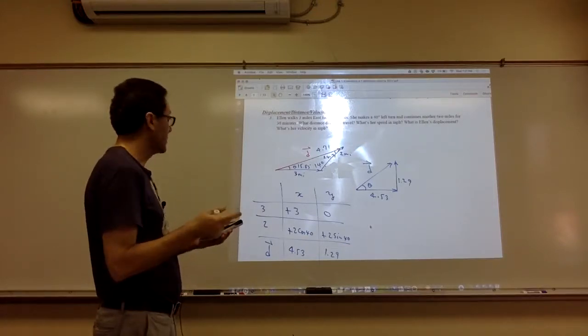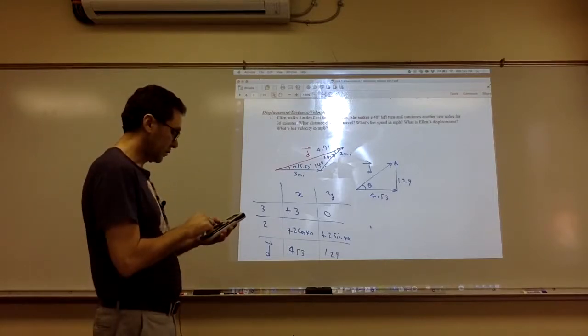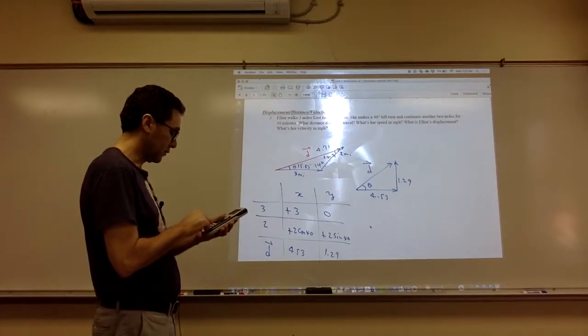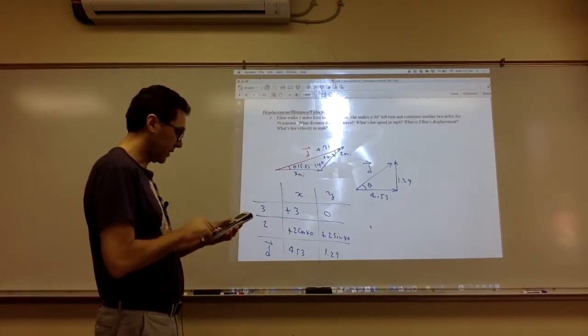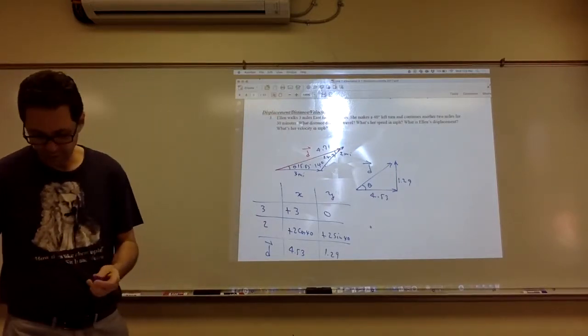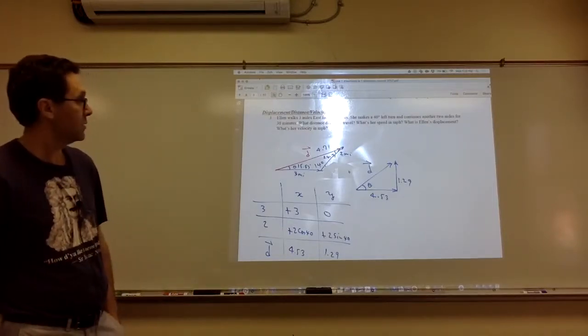So I got 4.71. I think that's what we found earlier. And for the angle, I do second tangent. In other words, the inverse tangent of 1.29 divided by 4.53, and I get about 15.90 degrees, which is close to the answer we got earlier. Okay, so it's about the same thing.